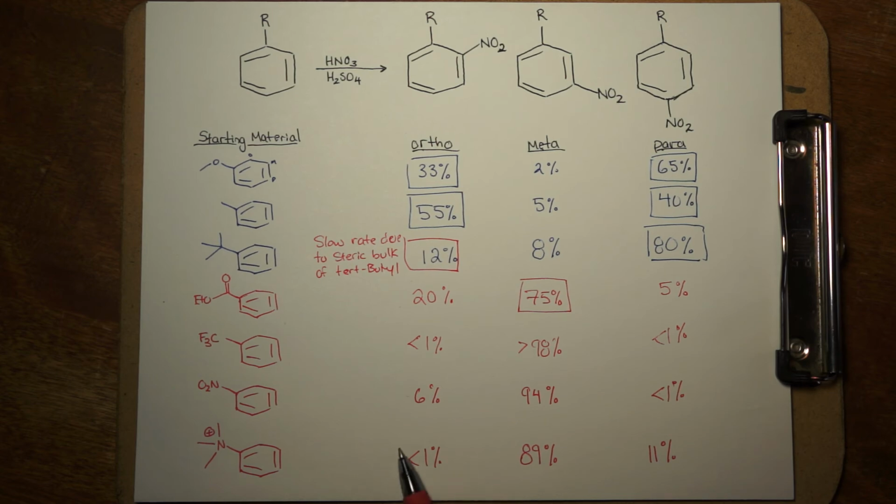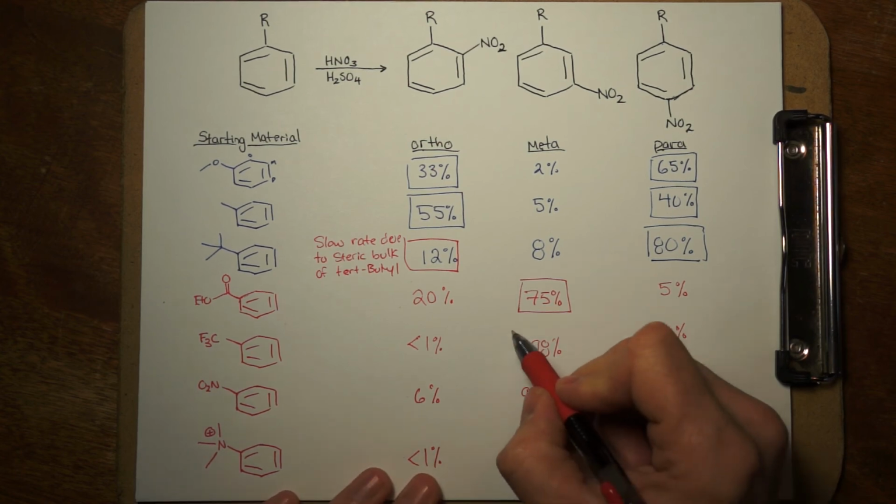This is already a meta director, so the percentage of ortho should be low, and the fact that we have a lot of steric bulk means that ortho substitution is just not likely. But as a result, we might get a little bit more of the para substitution than we otherwise would, because we have one less reaction pathway to compete with.